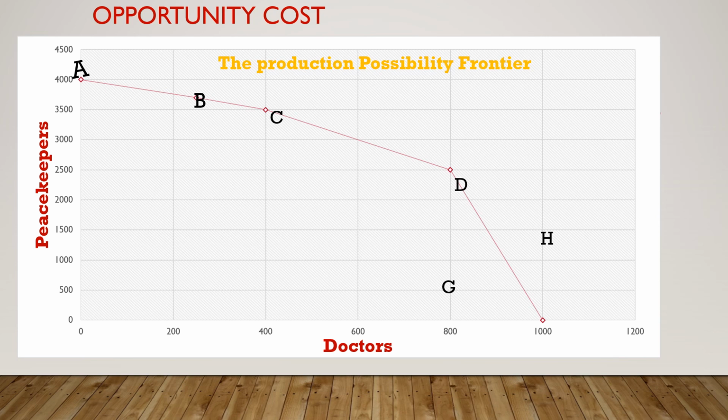If the country gives up maybe 200 doctors, that will be the opportunity cost of producing more peacekeepers.